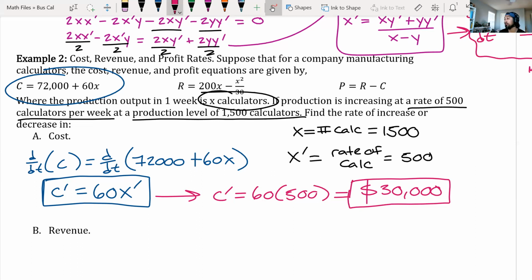Positive. So this means that if we are producing 500 calculators per week, the cost is going to increase by $30,000. Cost will increase. And I mean, it makes sense if we're pumping out 500 calculators per week, its cost is going to be up there. Okay. All right. Everybody good with that one?